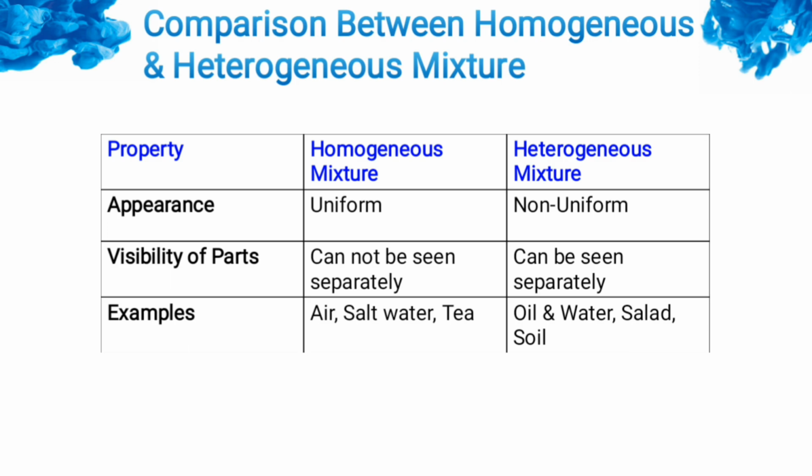Homogeneous mixture is uniform, heterogeneous mixture is non-uniform. And in a homogeneous mixture the parts cannot be seen separately, but in a heterogeneous mixture they can be seen separately. Examples of homogeneous mixtures: air, salt water, and tea. Examples of heterogeneous mixtures: oil and water, salad, soil.